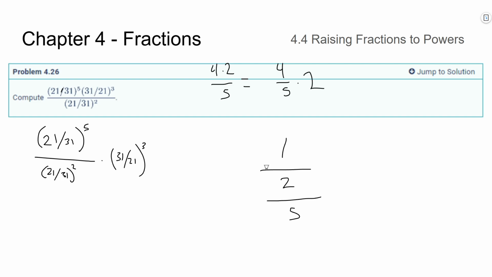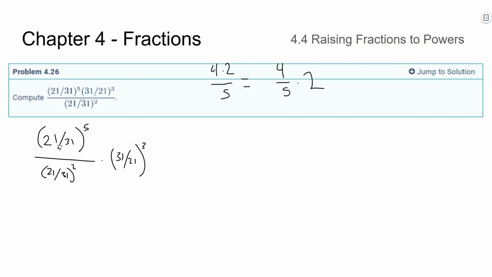It looks like this line might be a little bit smaller than this one. I don't know, it's kind of hard to tell, right? So you don't know if this is 1/2 over 5 or 1 over 2/5, and it makes a difference. Those are two different problems. So just to make it really clear, sometimes you'll see it written like this to know where the fractions are separated. So anyways, where were we?